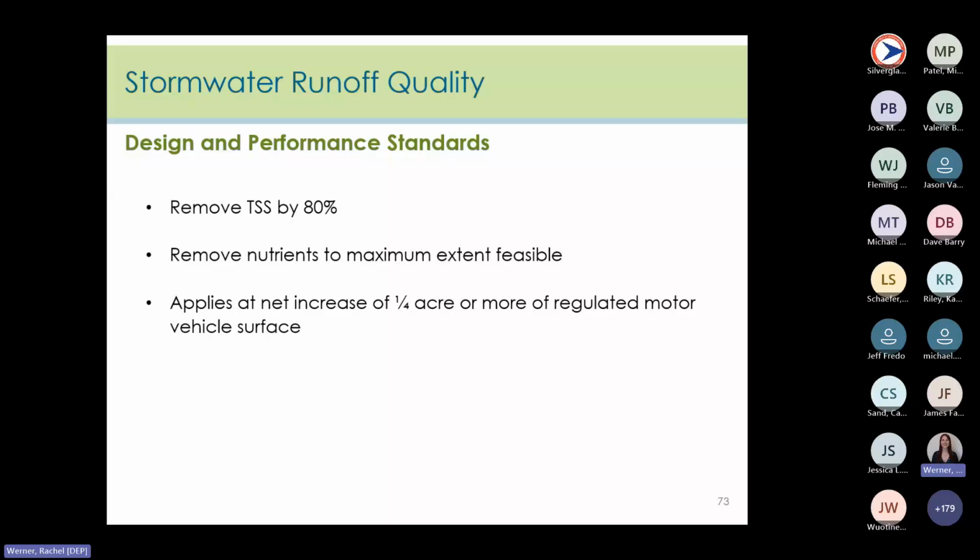So, for new development, the proposed design must remove 80% of total suspended solids, or TSS, for the stormwater runoff generated from the water quality design storm from the net increase of motor vehicle surface. And although there is no numerical target, the stormwater management measures shall also be designed to reduce to the maximum extent feasible the post-construction nutrient load.